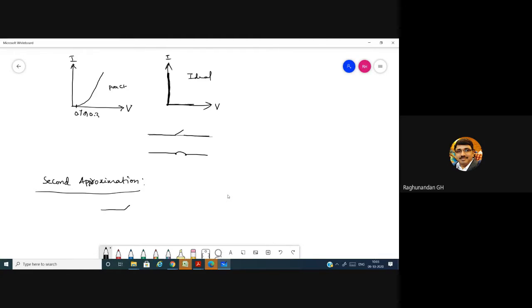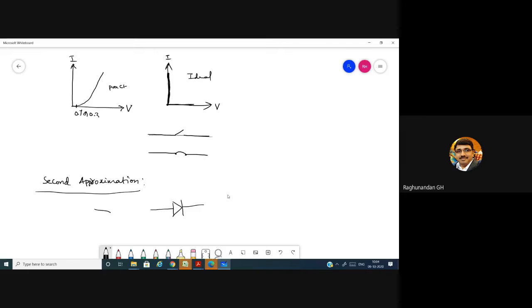Already we have this diode with us, the diode which we obtained in the previous case.